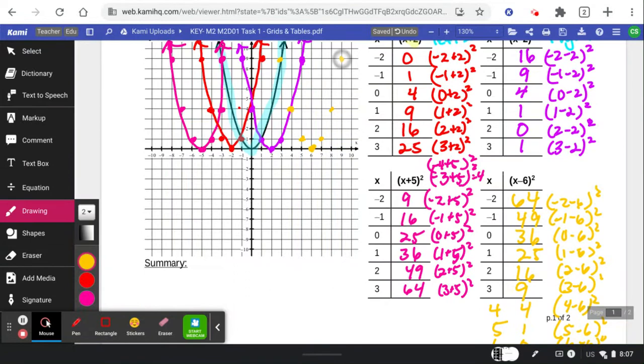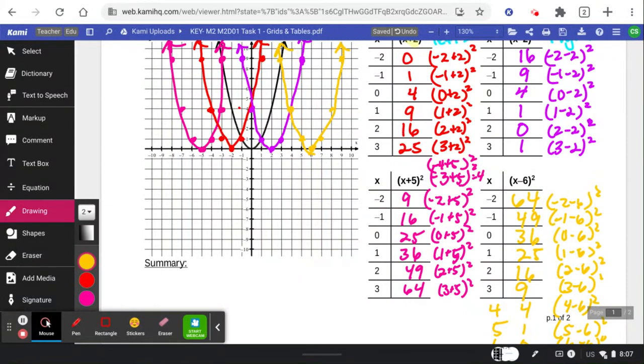And then it needs to go up to here. Hopefully your parabola looks prettier than mine. That one's pretty bad. Let's redo that. Okay, hang on. Okay, let's try this one more time. Okay, there we go.